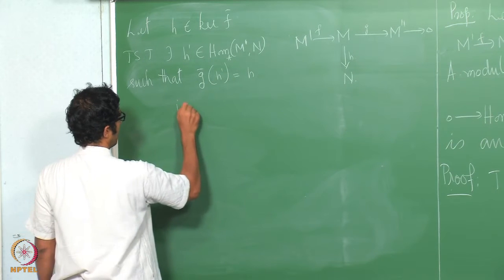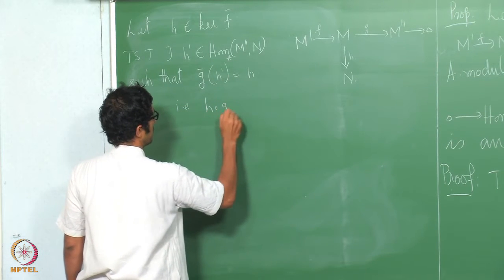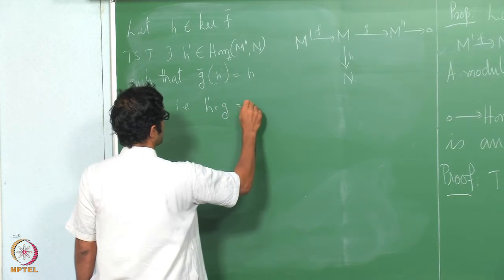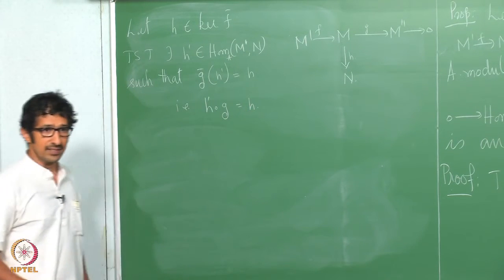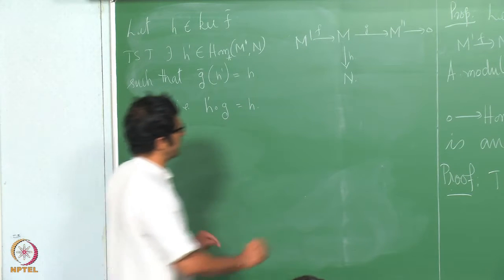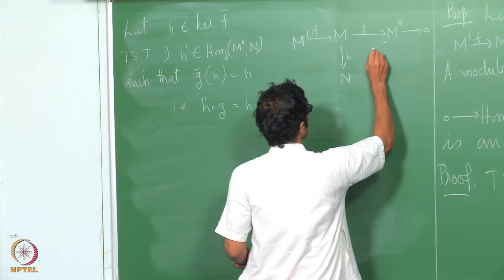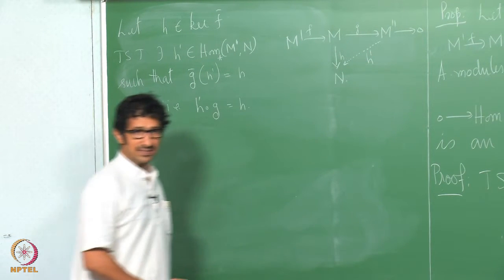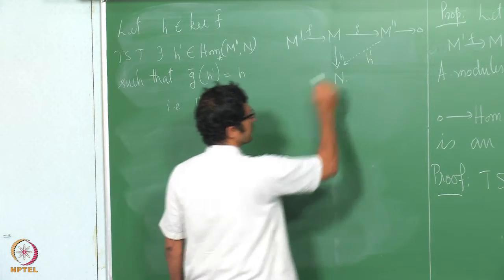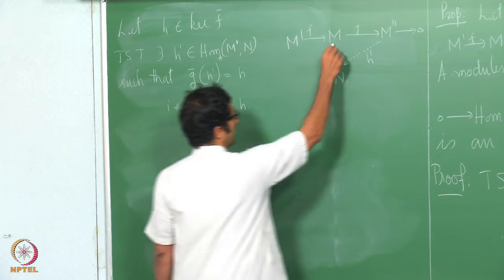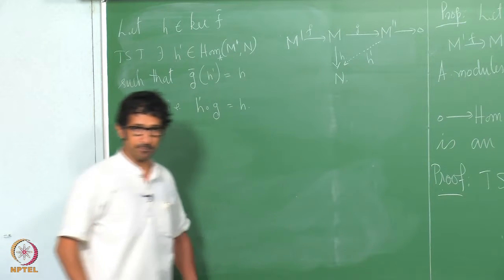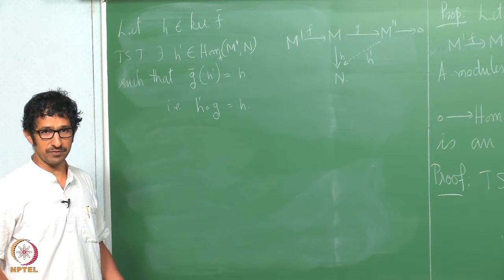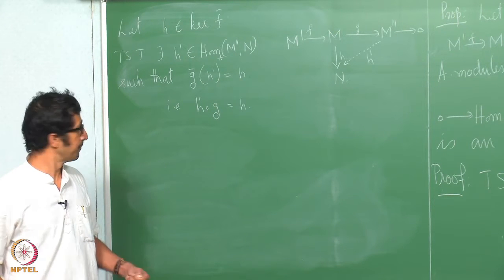This is H prime composite G is equal to H. So, I am looking for a map from here to here such that this diagram commutes, or in other words H is precisely this, right. This is what we are trying to prove.